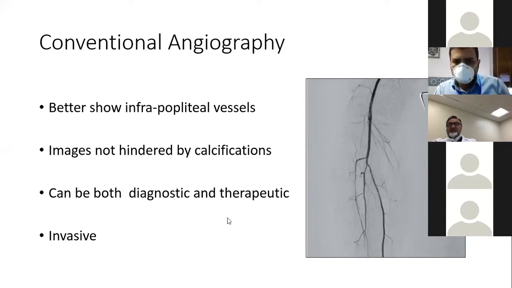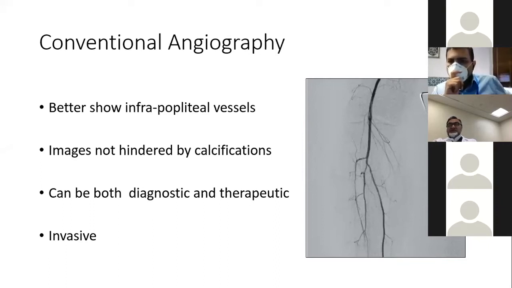Like in Nottingham, we used to have excellent MRA consultants who would read the MRAs very well, and they preferred MRA over CT scan, and we used to get excellent images even for the foot and for the proximal vessels as well.